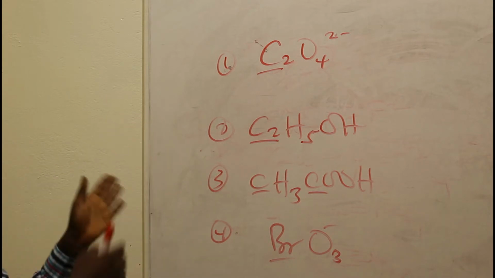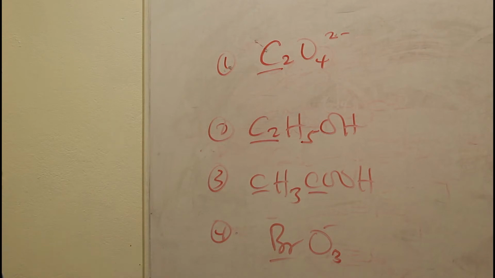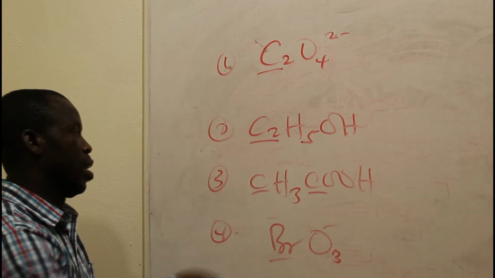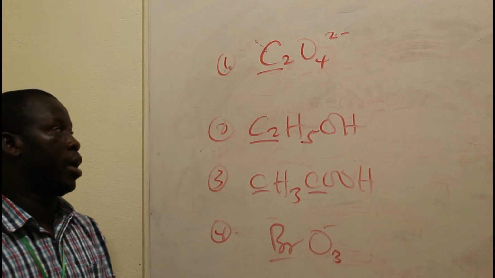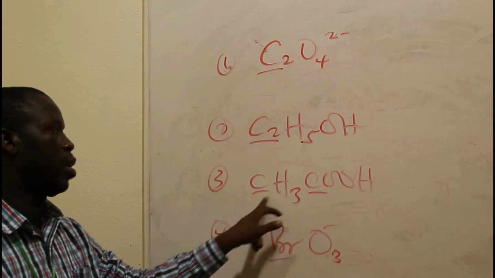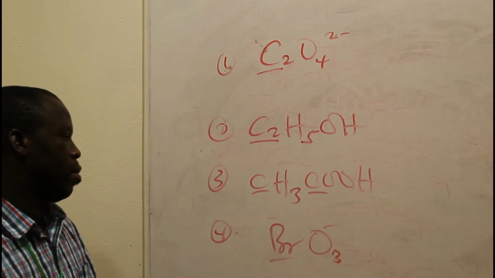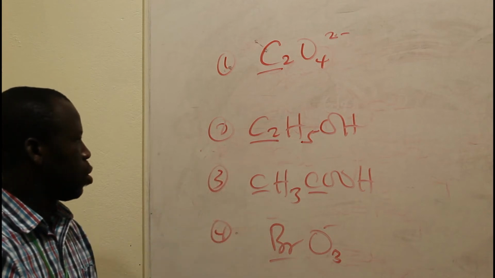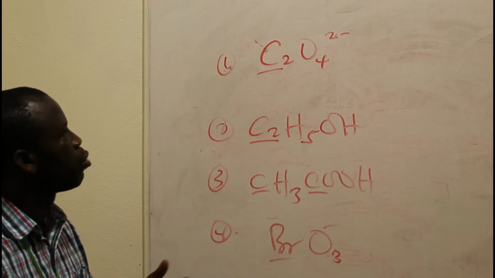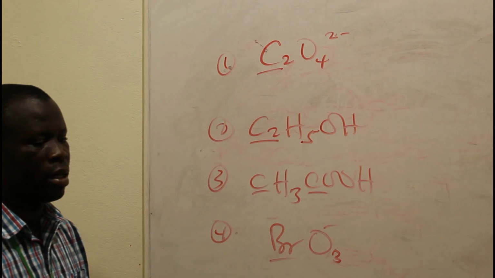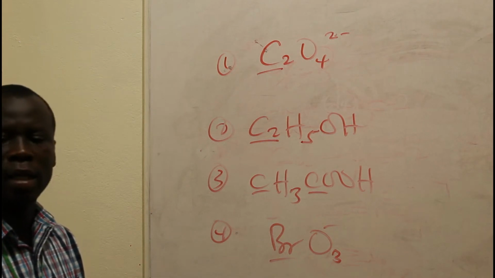Just assign oxidation states to those that are underlined. You see that with the acid, you have 2 atoms of carbon, so you combine them. I think you can do this. Try your hands on this and let's move forward.